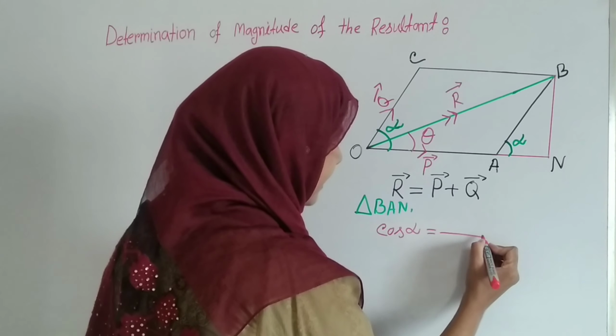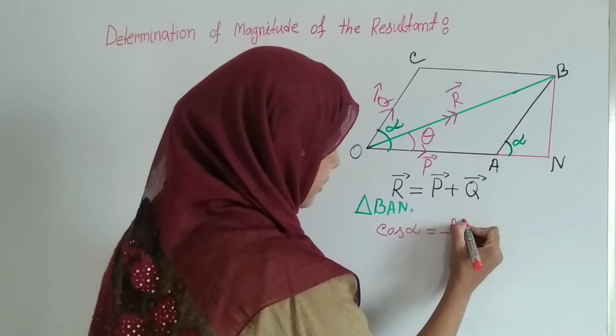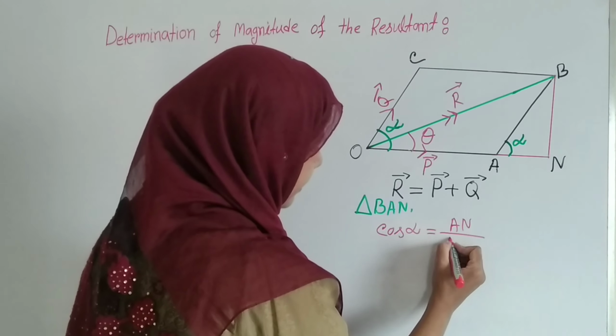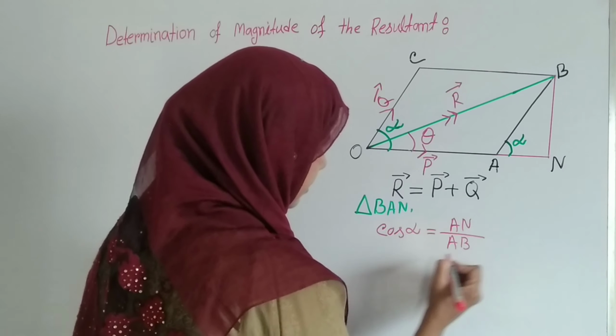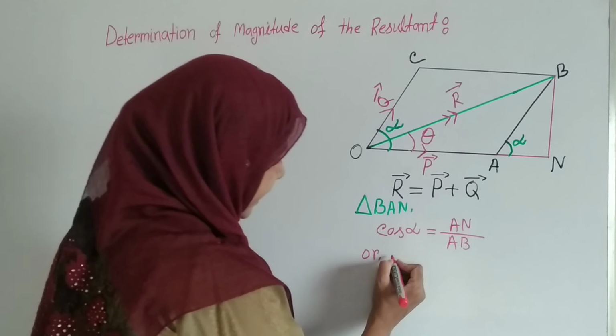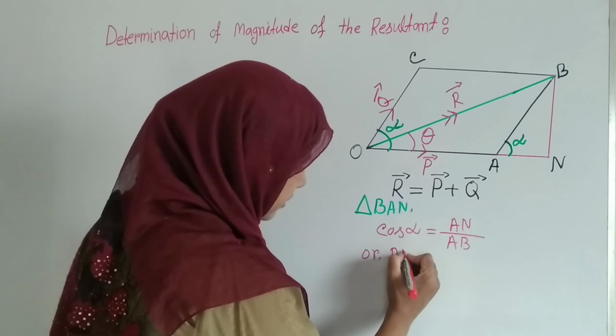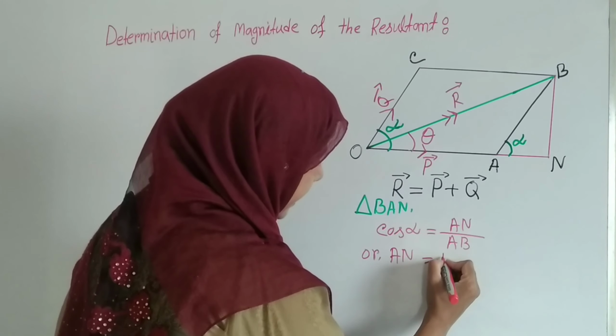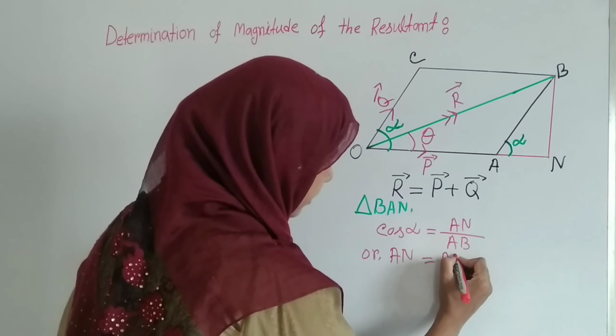So we can write AN by AB, or AN equals AB cos alpha.